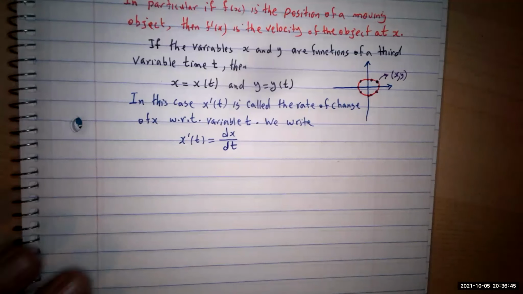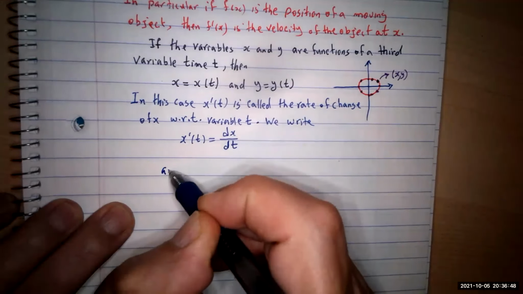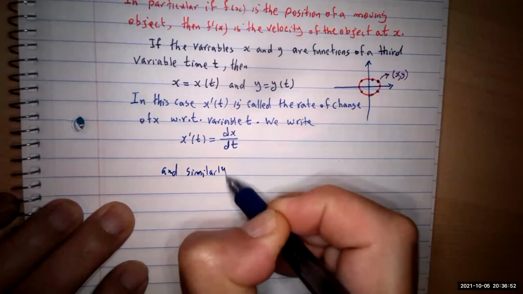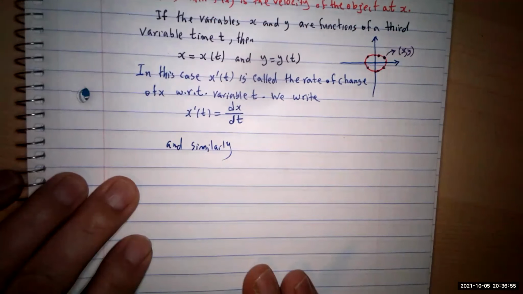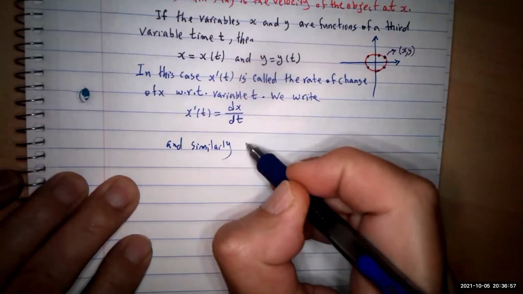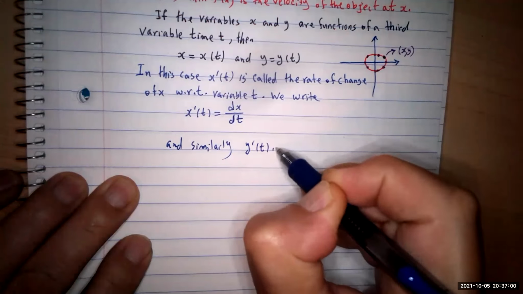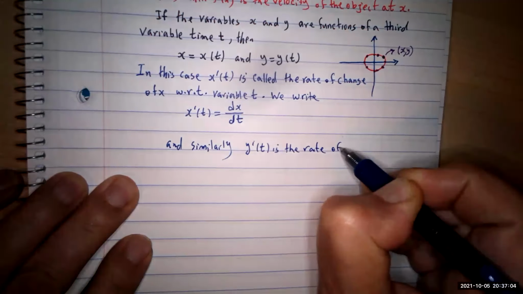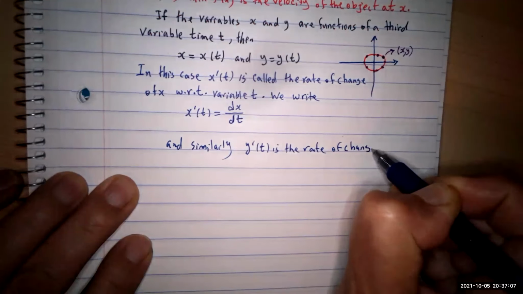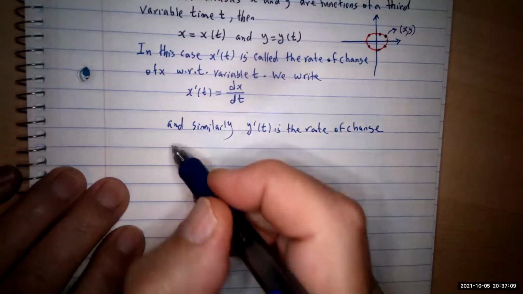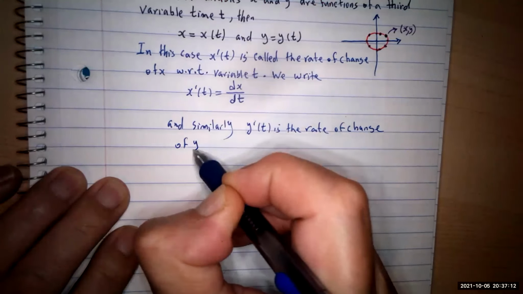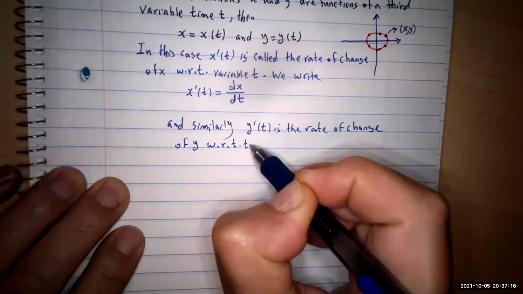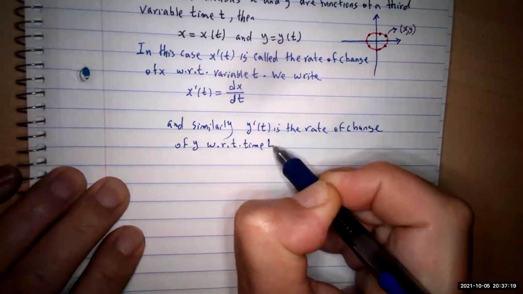Similarly, we have y prime of t, which is the rate of change of y with respect to the time t.